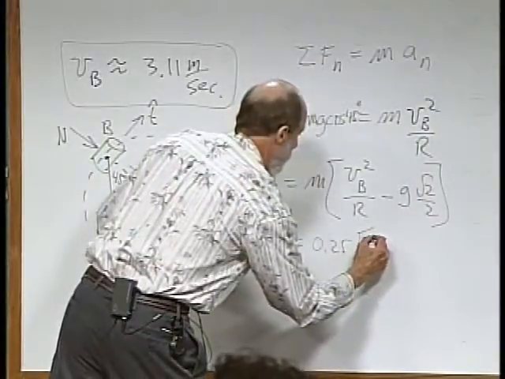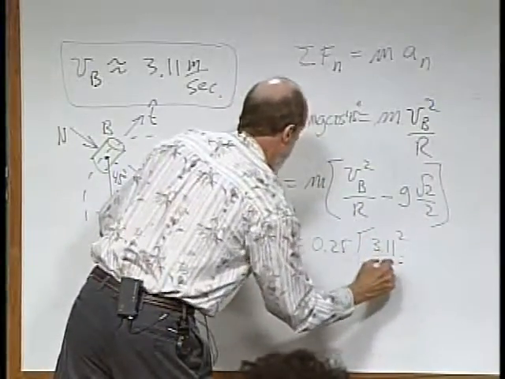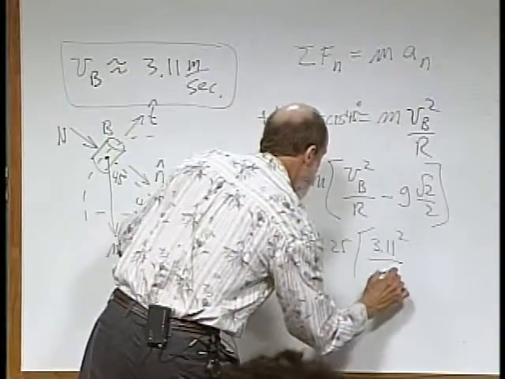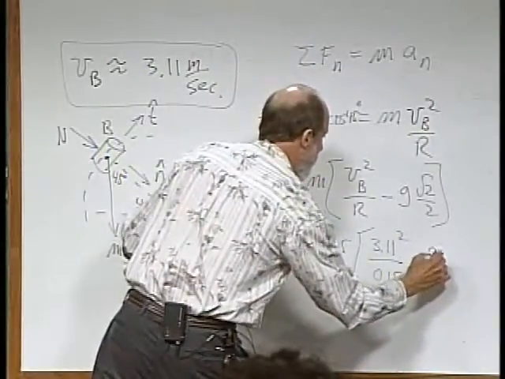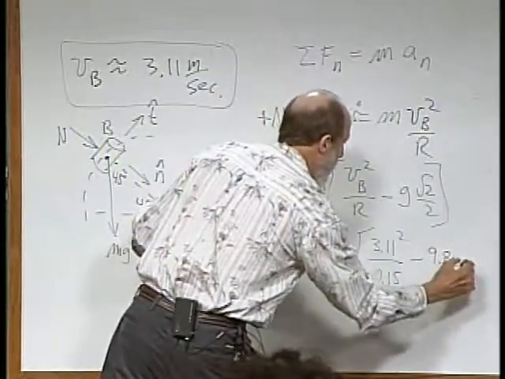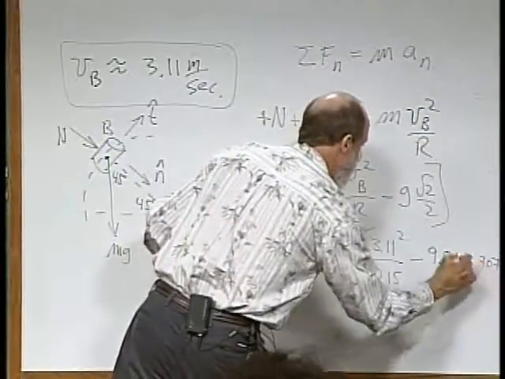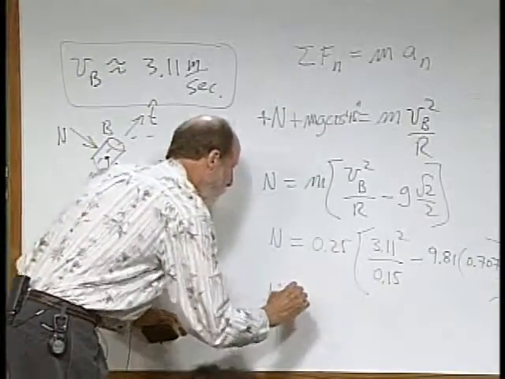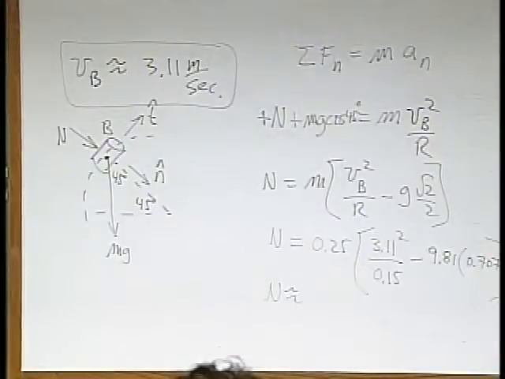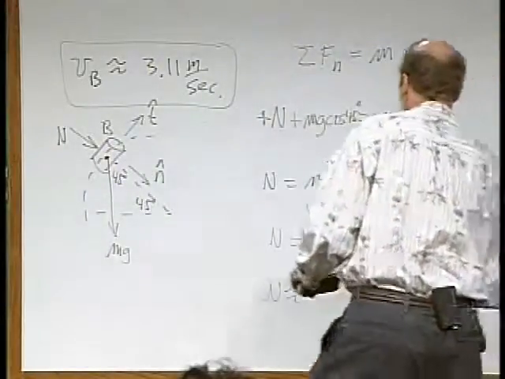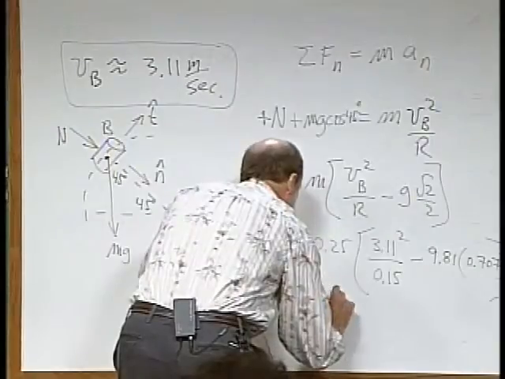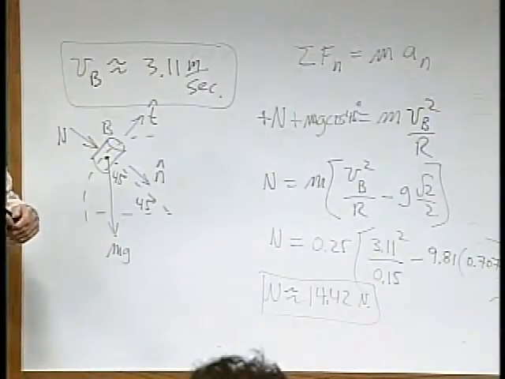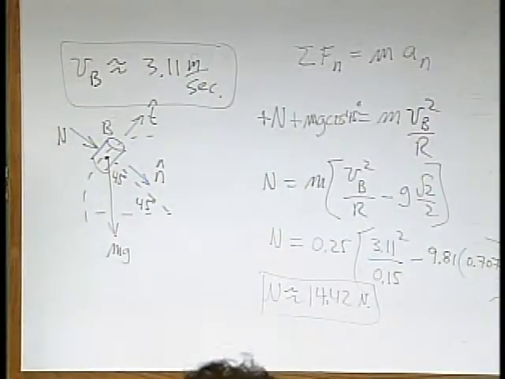Our speed, 3.11 squared over the radius, 0.15. And we're subtracting from it 9.81 times 0.707 for the normal force. That result should agree with what I wrote in the book. Yep, 14.42 newtons.